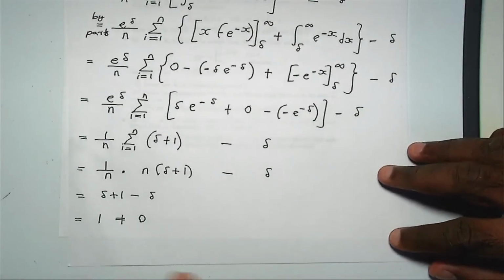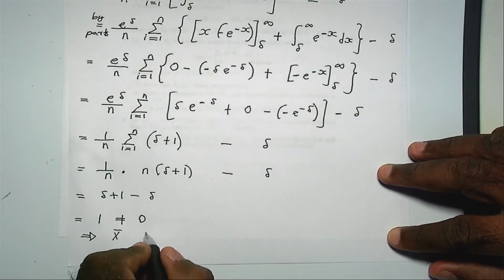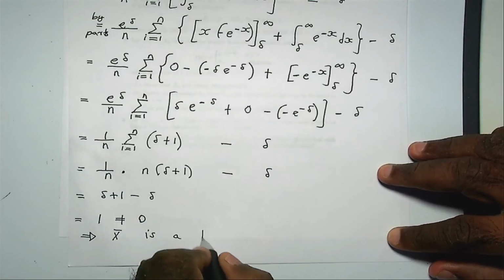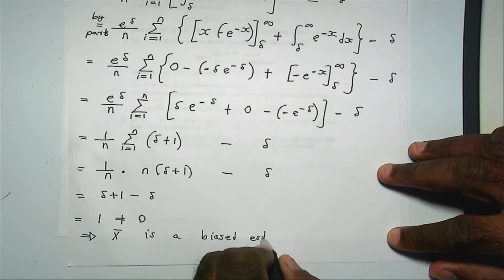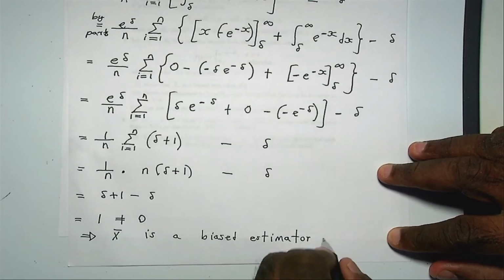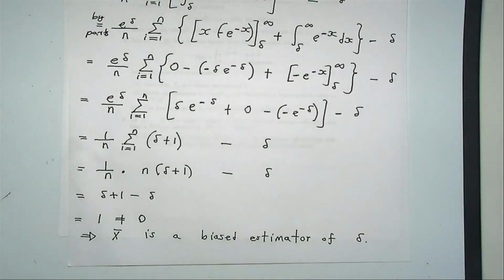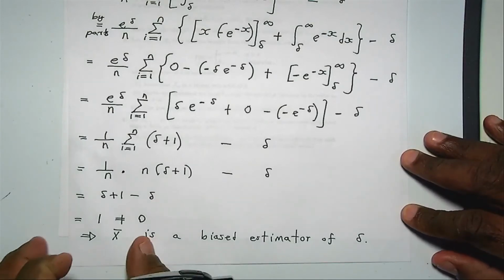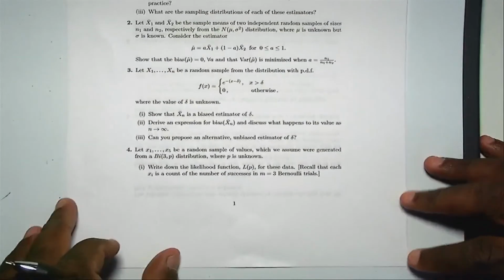So hence we have shown that x bar is a biased estimator of delta. Alright, so that completes the first part of question 3. Let's move on to the next part.